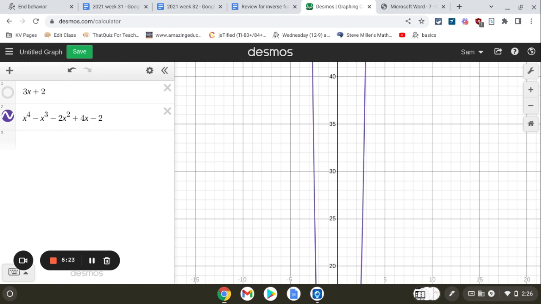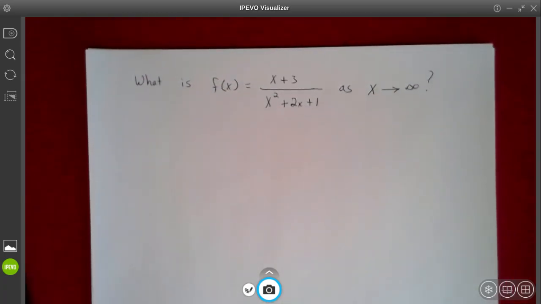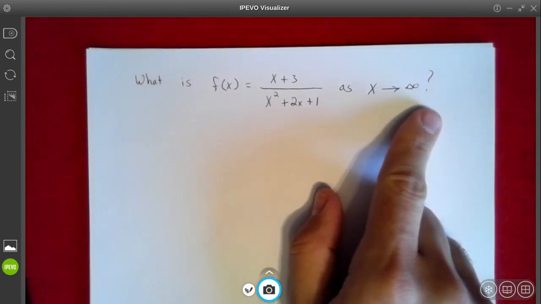Before I go into the rules, I just want to look at one more. These have been polynomial functions. All right, polynomial functions will be the main focus. I'll get into these rational functions in the next video mostly, but I just want to show you that you can answer these questions without having a bunch of rules. All right. What is the value of this function as x approaches positive infinity?